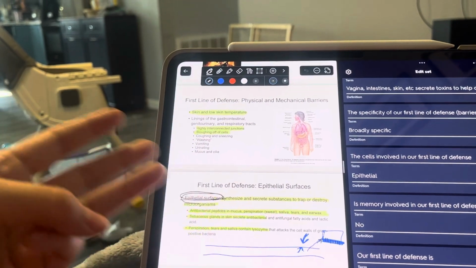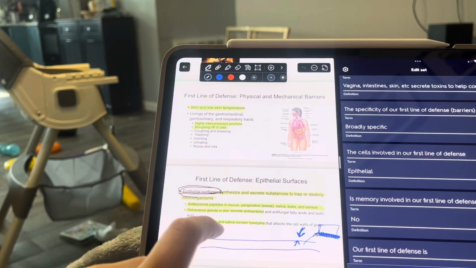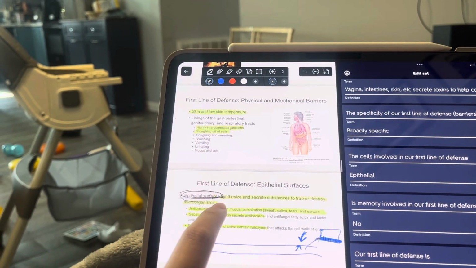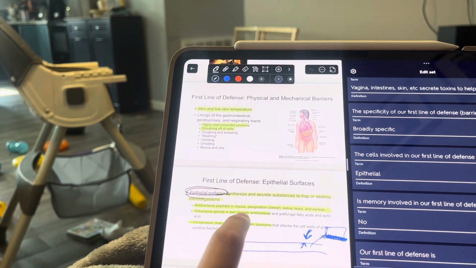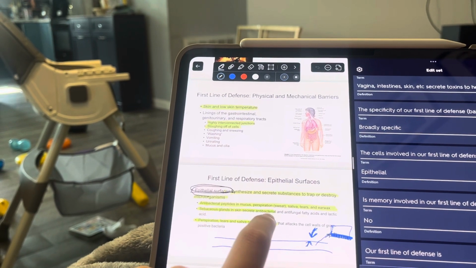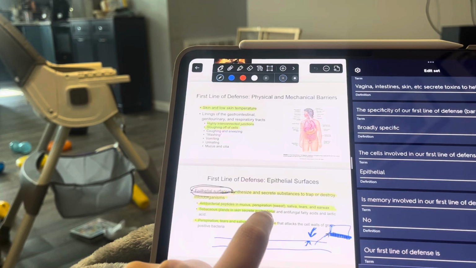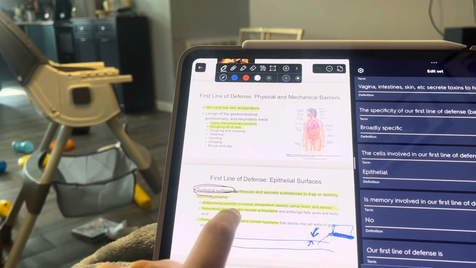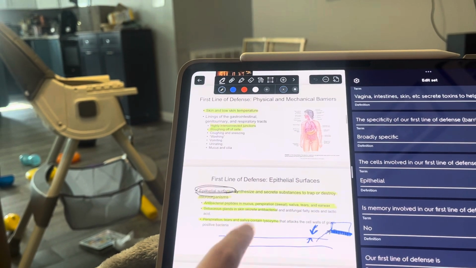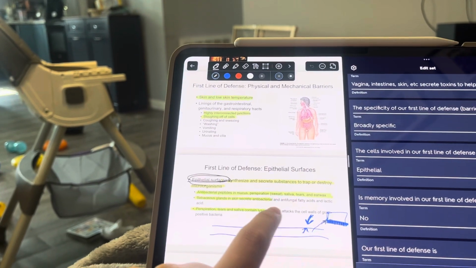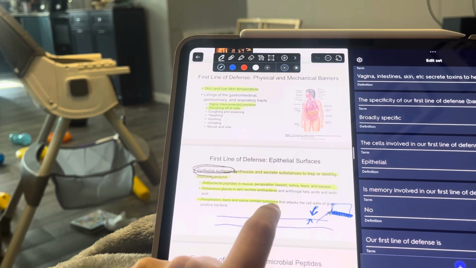They make peptides, which we're going to see in our saliva. They secrete sweat, which is antibacterial, which is what she's talking about right here. Sebaceous glands in skin secrete antibacterial and antifungal acids. So our sweat is naturally acidic. And then it also has lysozymes in it.